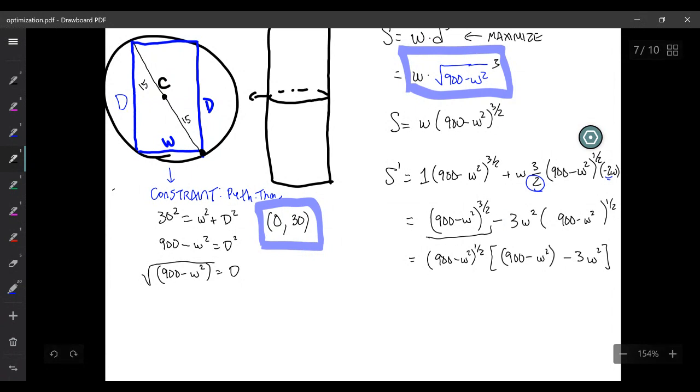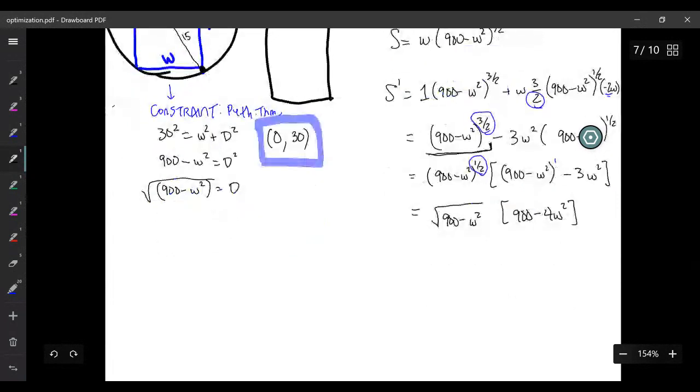So if I pull out a 1/2 power out of this, what you do is you subtract the exponents. So 3/2 minus 1/2 gives me a first power. So this is the square root of 900 minus W squared, and this is 900 minus 4W squared.